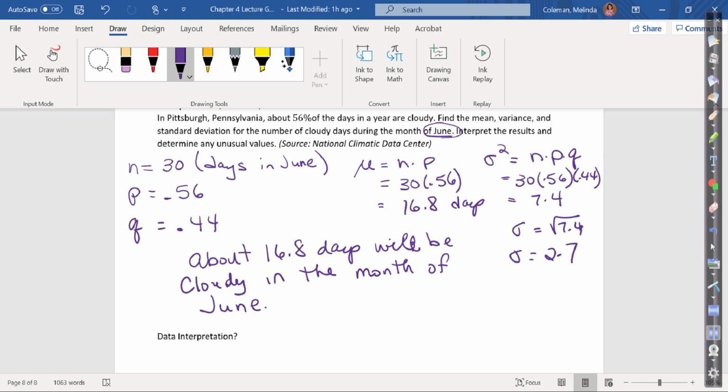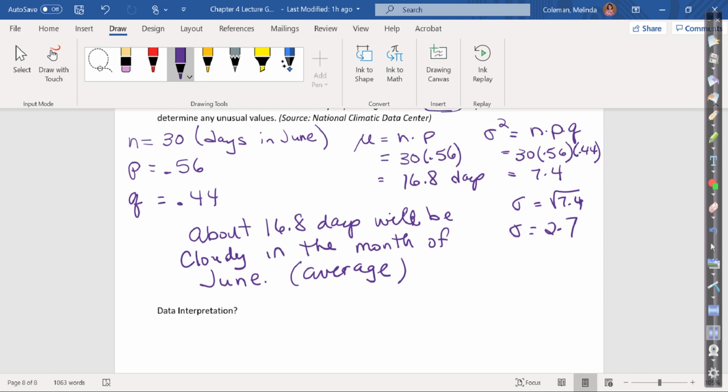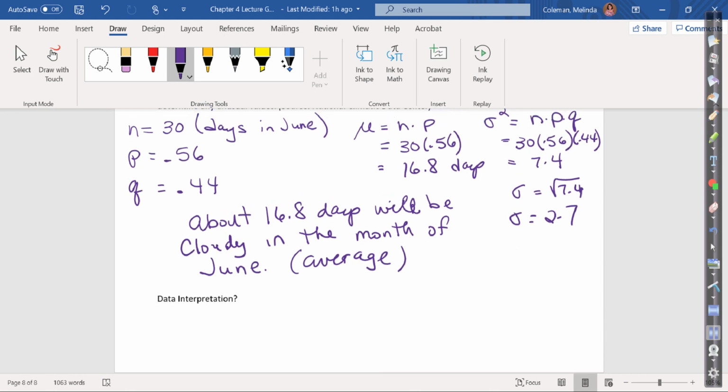So this is the average. So on average, in the month of June, about 16.8 days will be cloudy.